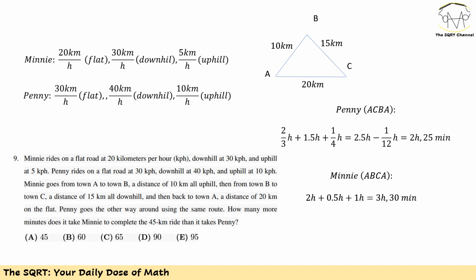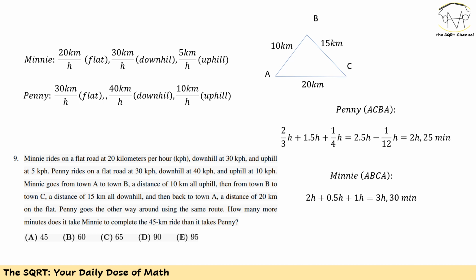Starting from AB, it's uphill, and we know that for Minnie it's going to be 5 km per hour. Here is 10 km, so it's going to take 2 hours for Minnie to go from A to B. And then we have BC equals 15 kilometers. It's downhill, and the speed is going to be 30 km per hour, so it's going to take half an hour.